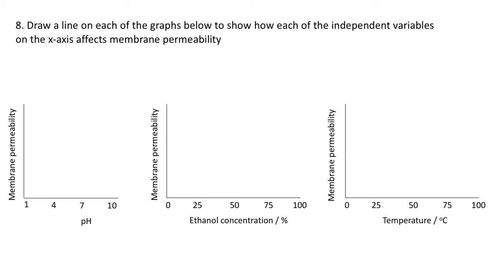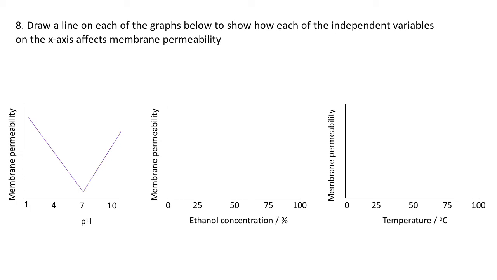So for pH, as we go from an acidic pH to a neutral pH, the permeability will reduce. And if we were to put a cell in alkaline conditions, with increasing alkalinity, the permeability will increase.